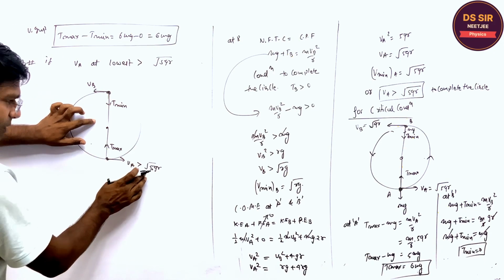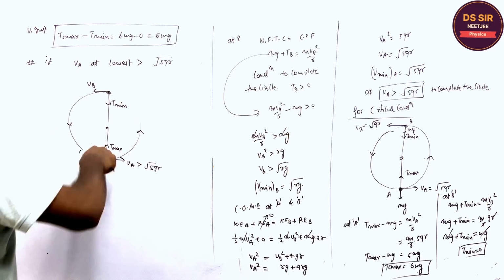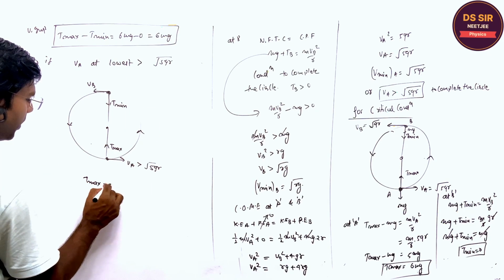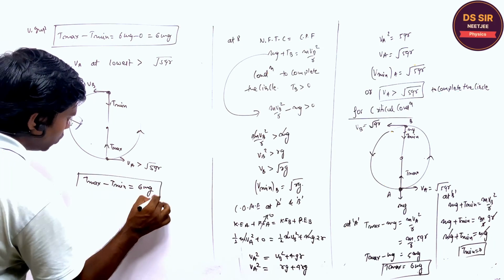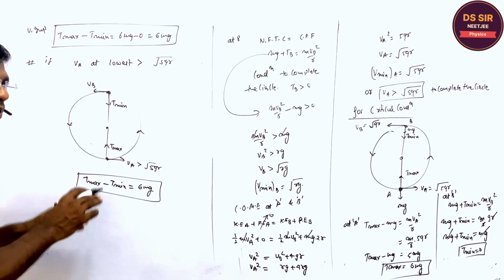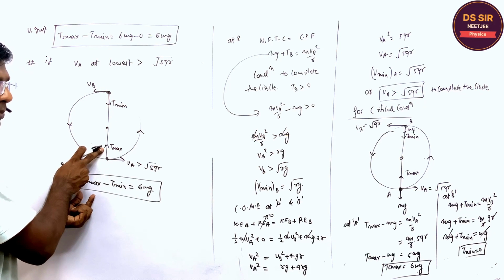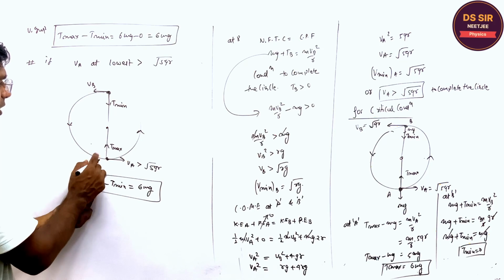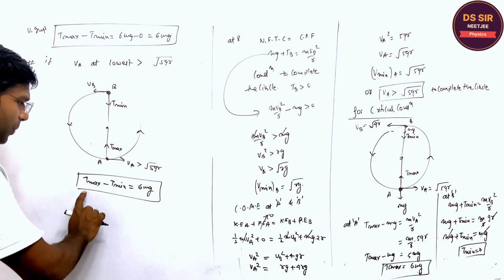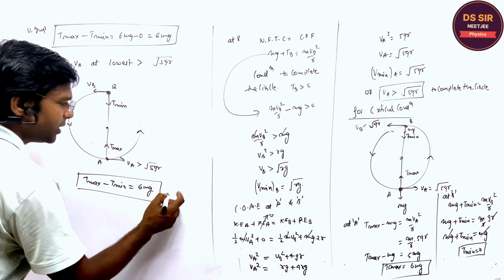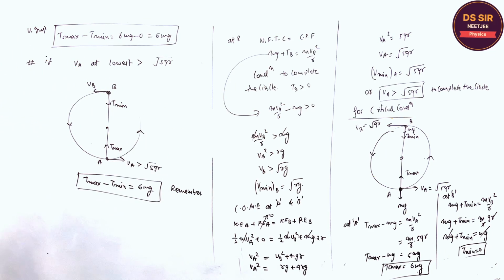But if this speed is greater than root 5gr and it is able to complete the circle, Tmax minus Tmin is always equal to 6 mg; you can verify later at your home. For any speed greater than root 5gr, the maximum tension will be at the lowest point and the minimum tension at the highest point, but the difference is equal to 6 mg, and this difference you have to remember.